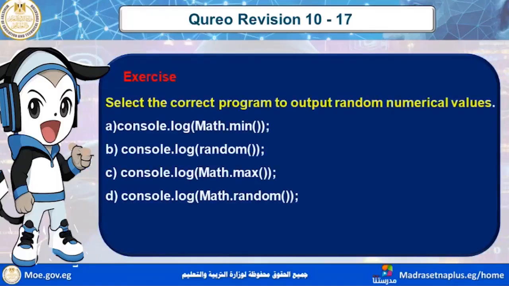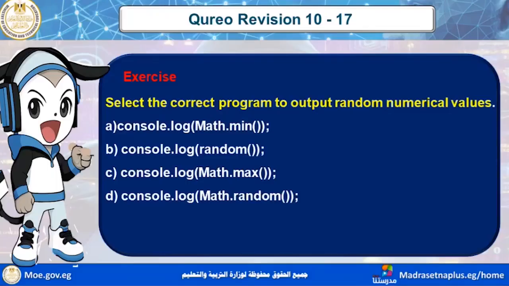Select the correct program to output random numerical values. Here we write console.log Math.min, console.log Math.log, console.log Math.random with round brackets and without any curly brackets, console.log Math.max, and console.log Math.random.